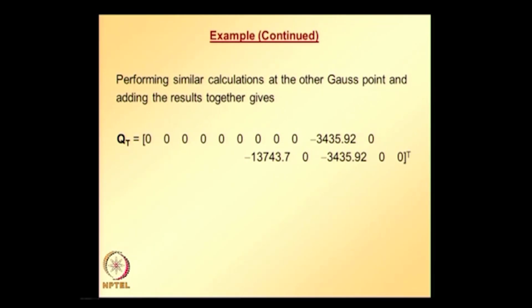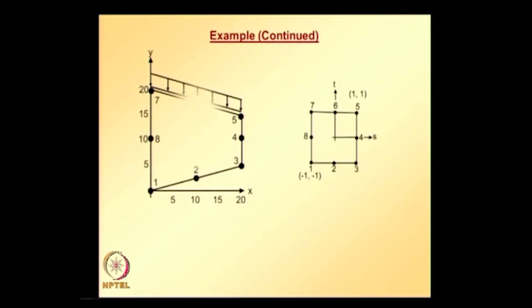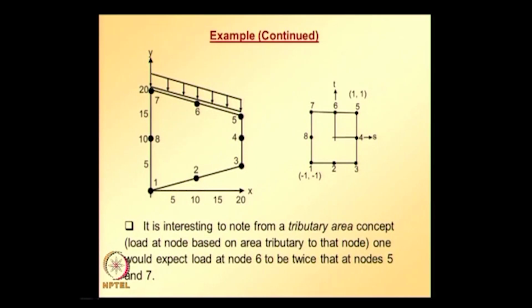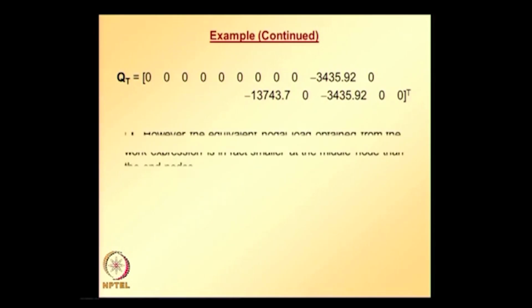If you look at this, it is interesting to note that from the tributary area concept, the load at a node is based on the area tributary to that node, so one would expect the load at node 6 to be twice that at nodes 5 and 7. But that is not happening here.